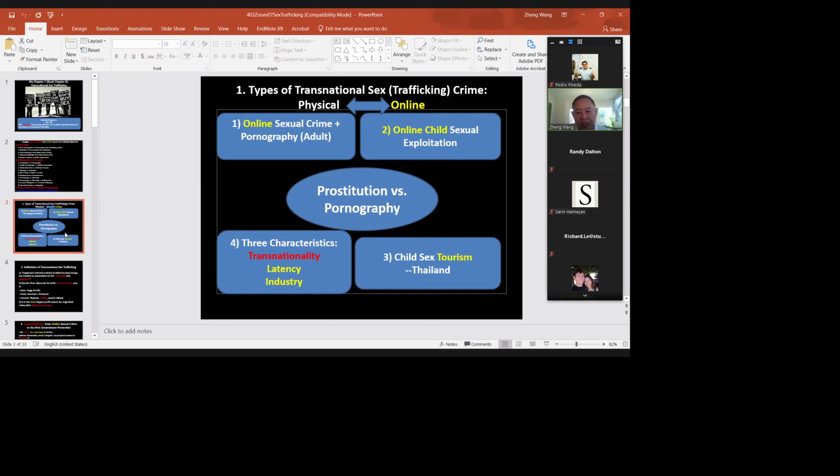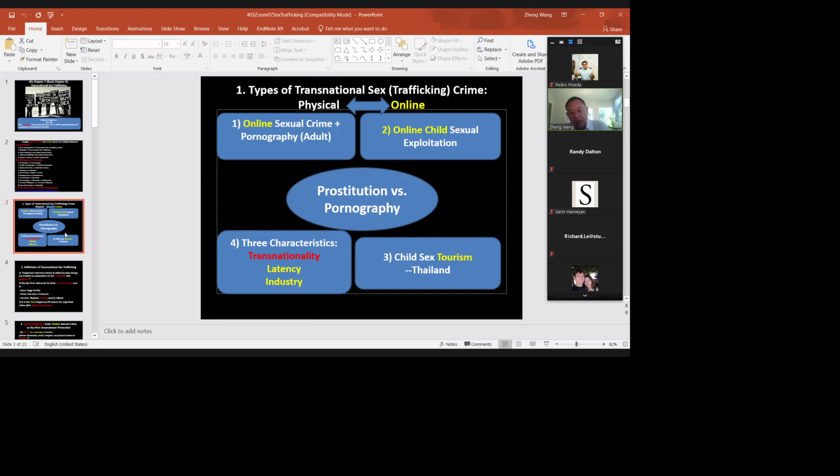Another is child sex tourism, for example in Thailand, that will seduce Johns to have sex with minors. That is physical or mixed. Then online child sex exploitation means they seduce and solicit young girls to go into the movie business or picture business. That's how it started.